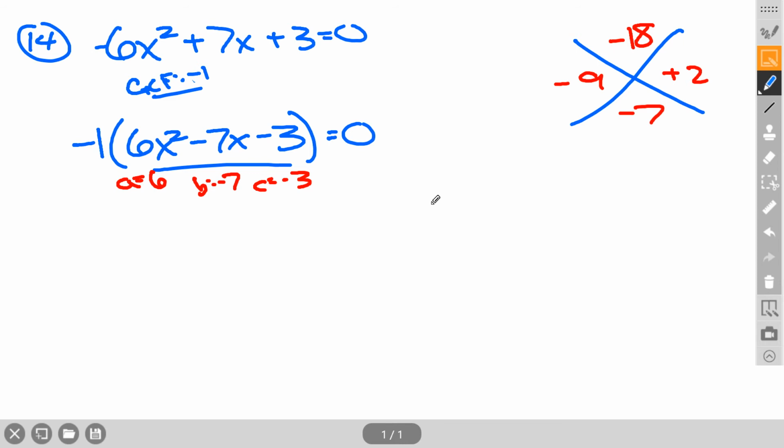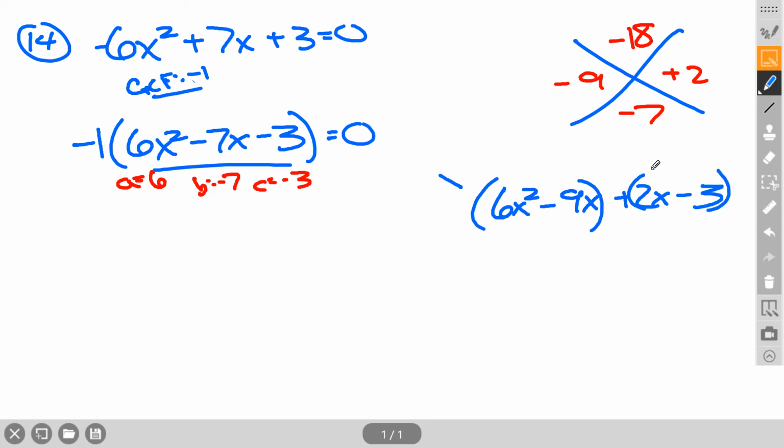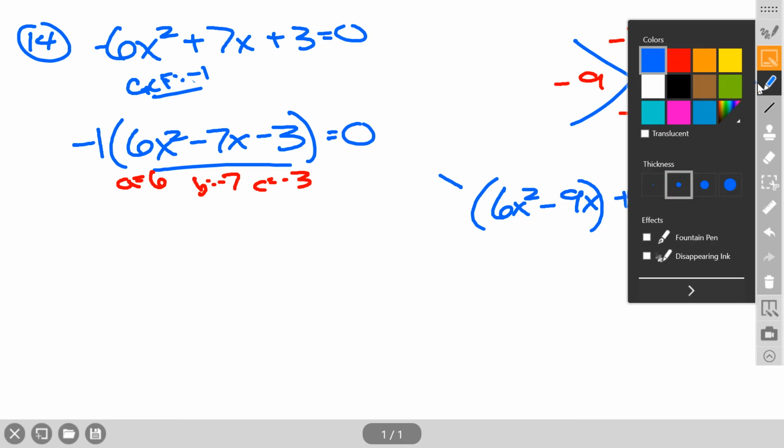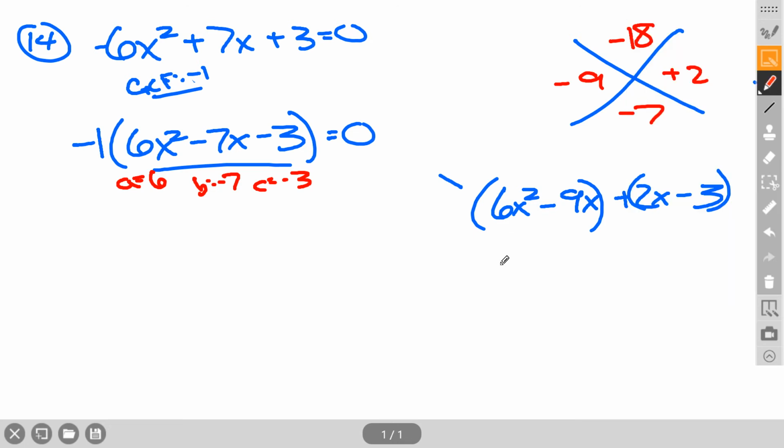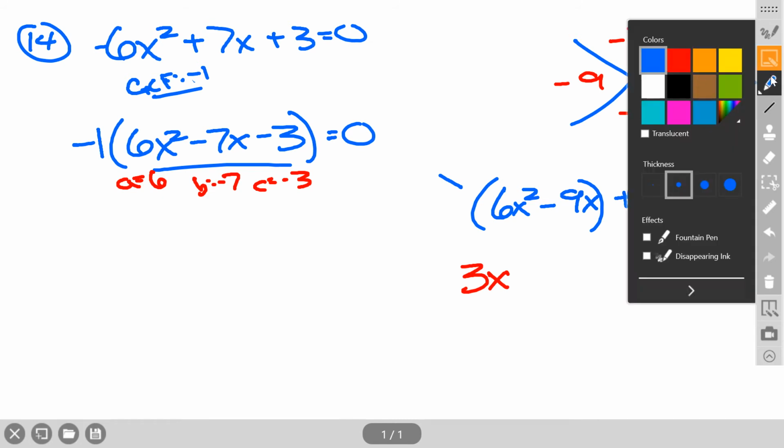So I have 6x squared minus 9x plus 2x minus 3. I can group the first two and the second two together and factor the GCF out of each of them. The GCF for the first group is 3x. The GCF for the second group is 1.